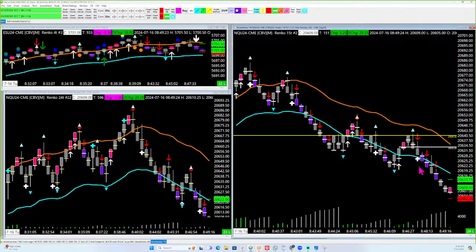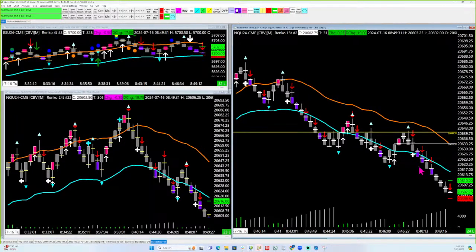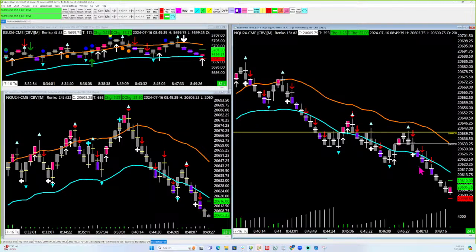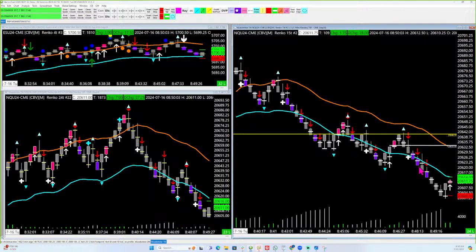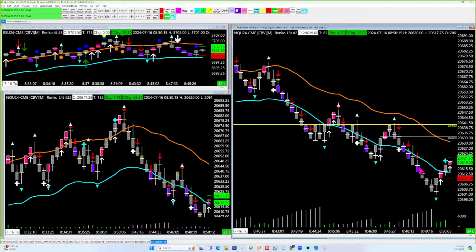Down she goes. Low of the day. The plus signs definitely guided you, and wow. Plus sign up. Need the second bar to verify.